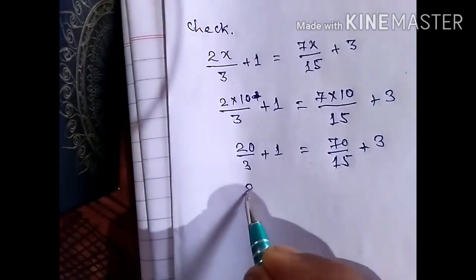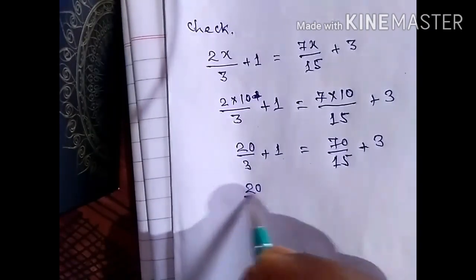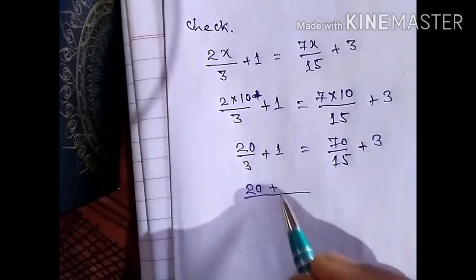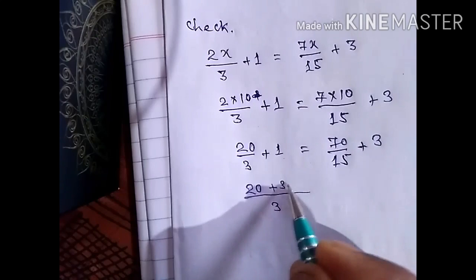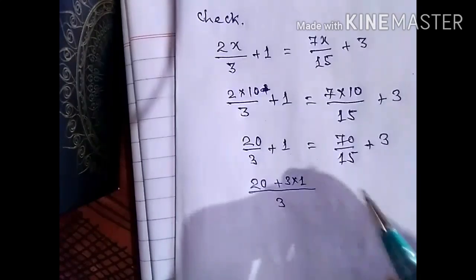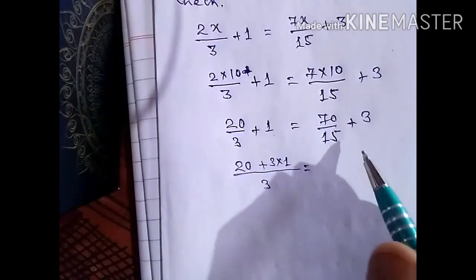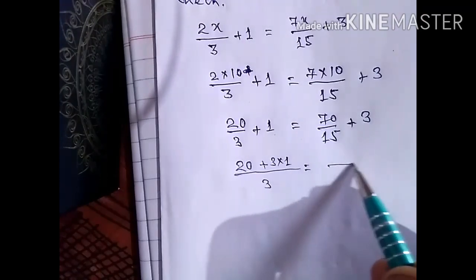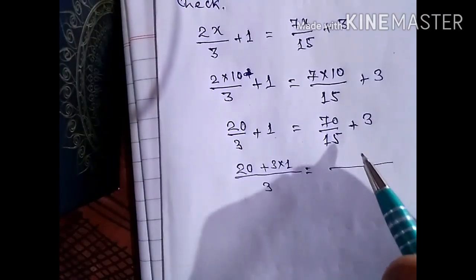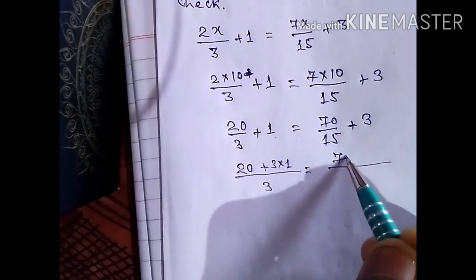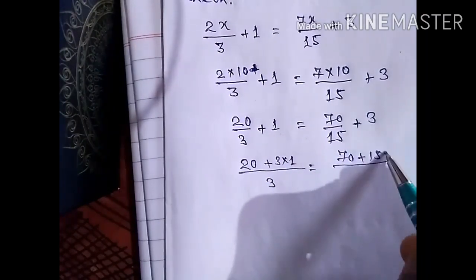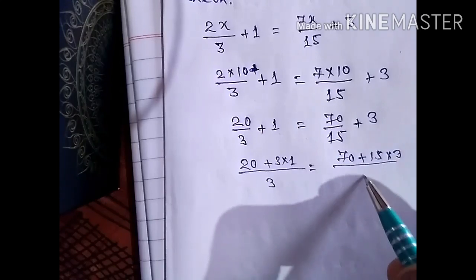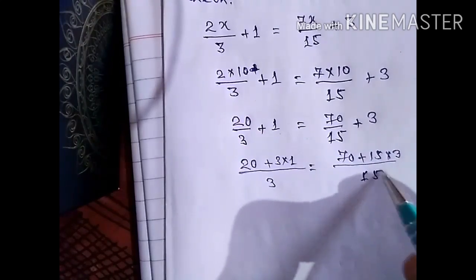So 20 plus, after taking LCM as 3, we have to multiply this 3 into 1, is equal to, here we have to take LCM 15, student. That will be 70 plus 15 into 3 by 15.